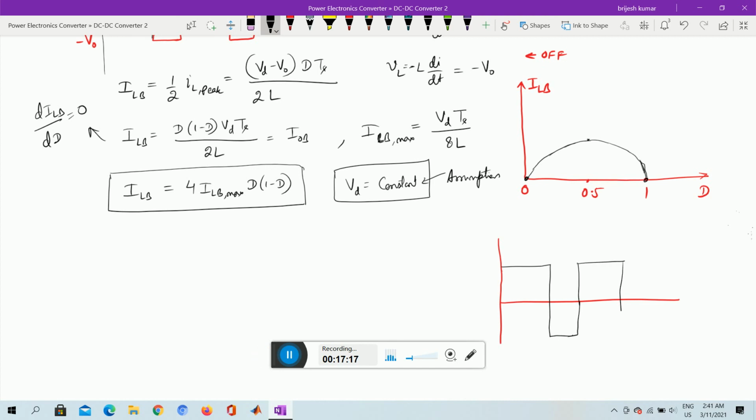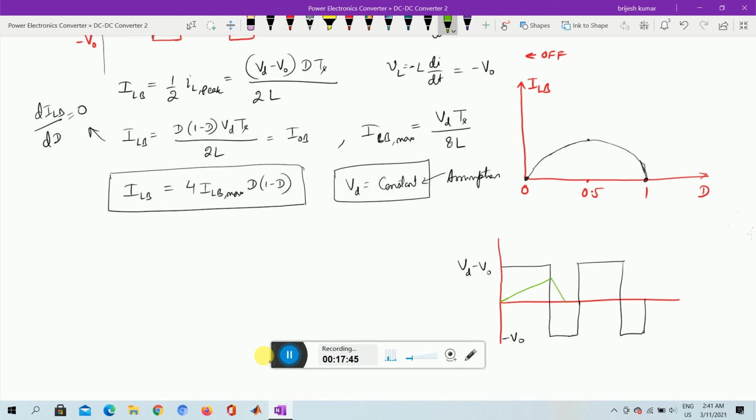That is minus V0 over here, and this is Vd minus V0. So in case of discontinuous current conduction, the current is rising from 0 and it will fall to 0 before the off time. So what is this value, we do not know, so we will try to evaluate this.